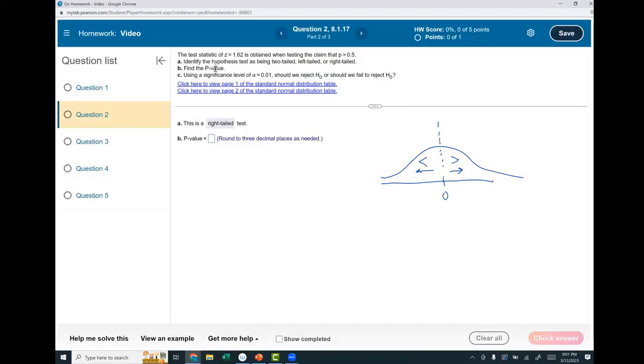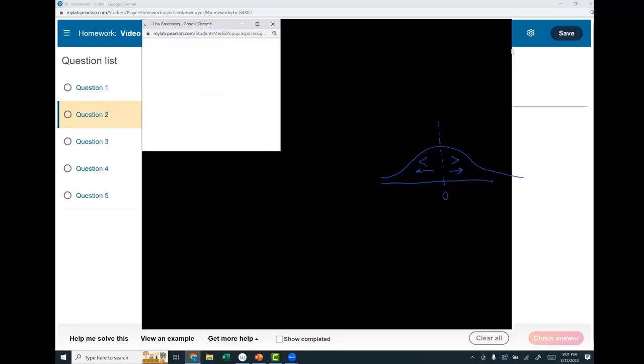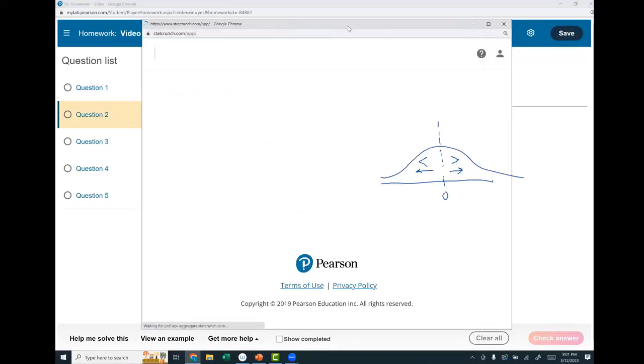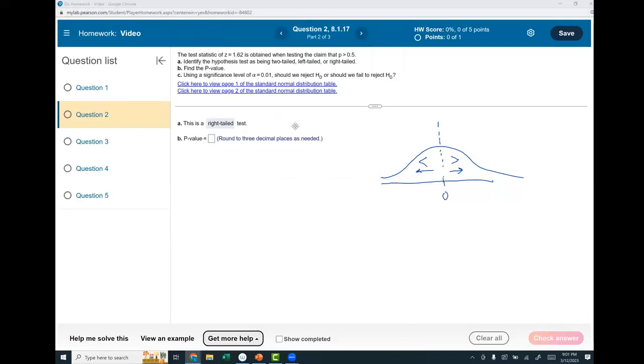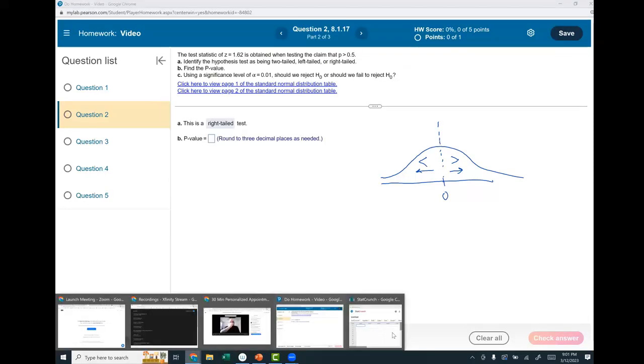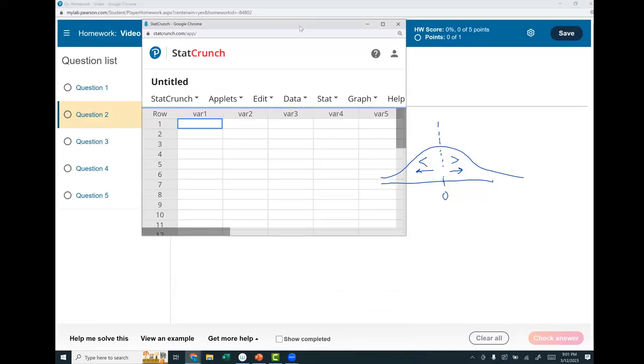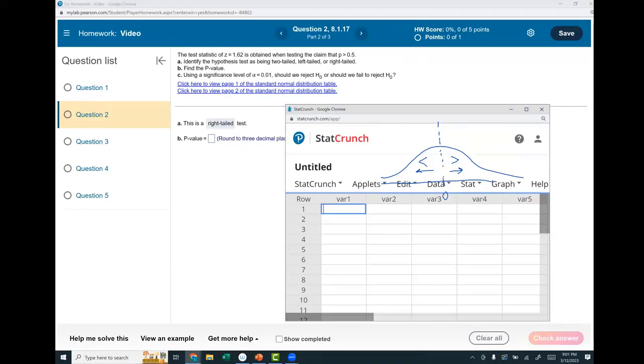Find the p-value. So you can use these two tables, but we could also use StatCrunch. Let me move this down a little. Let me erase that.